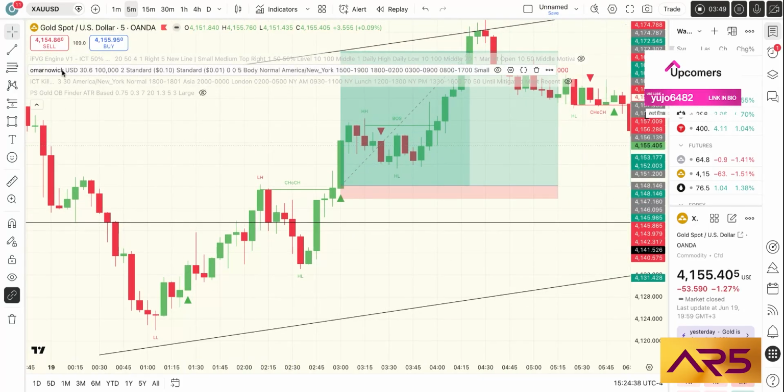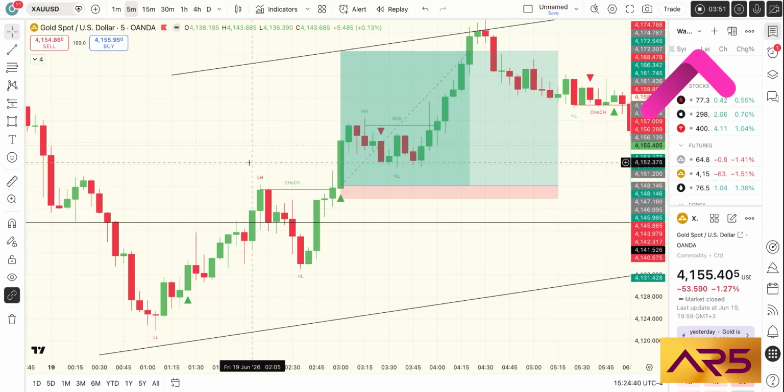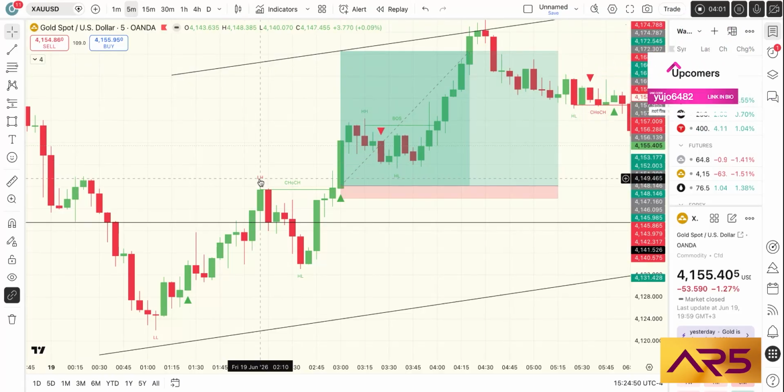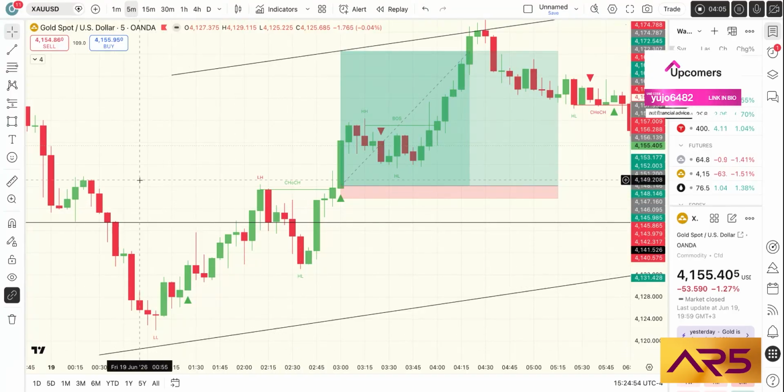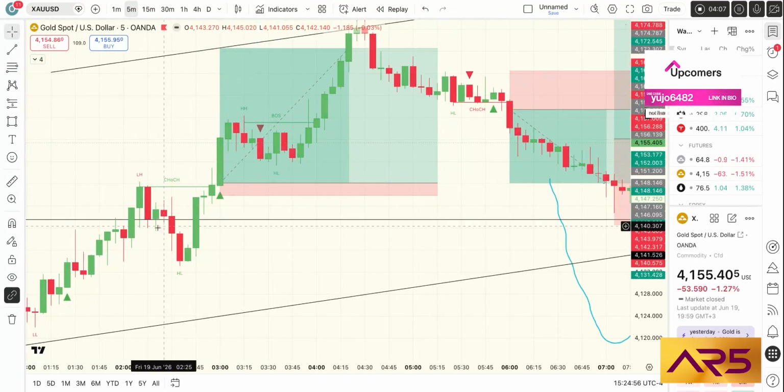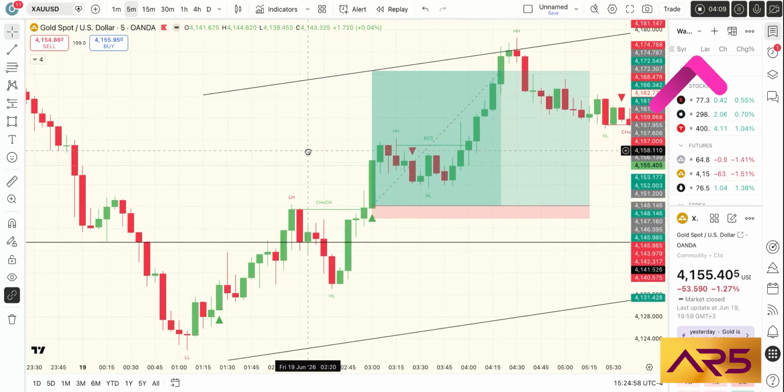This is called the Omar Nowick candle, right? I'm not going to go into a strategy because it's better if you learn from him and figure it out yourself. But what I use it for are these marks: the lower highs, higher lows, lower lows, higher highs, change of character, and break of structure.